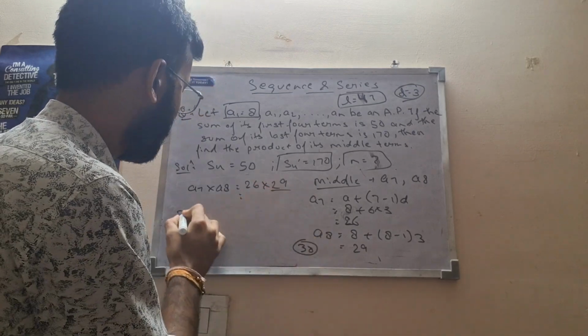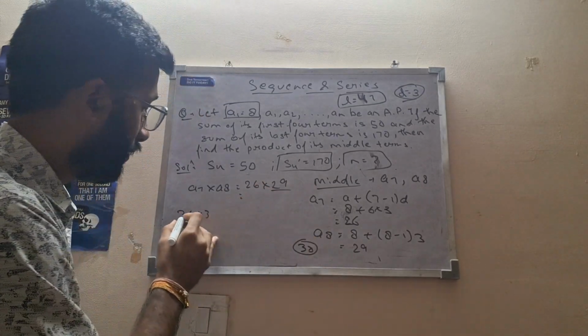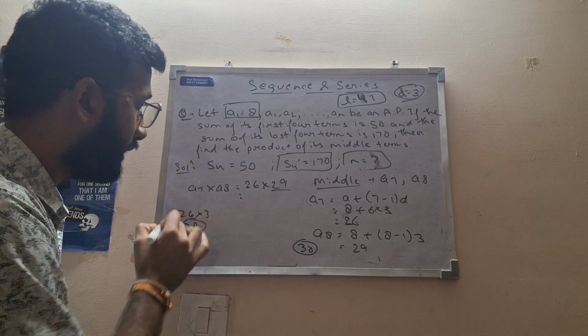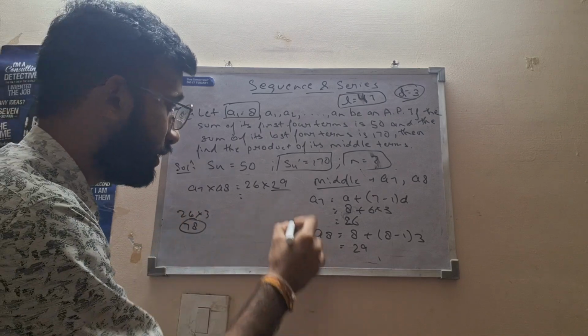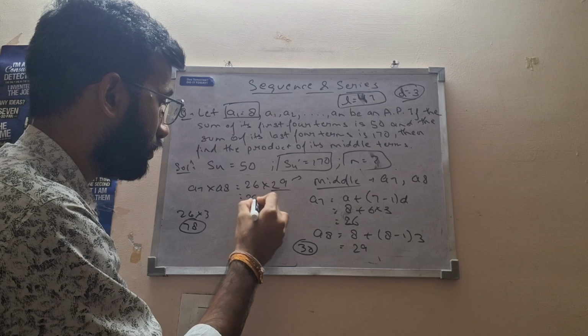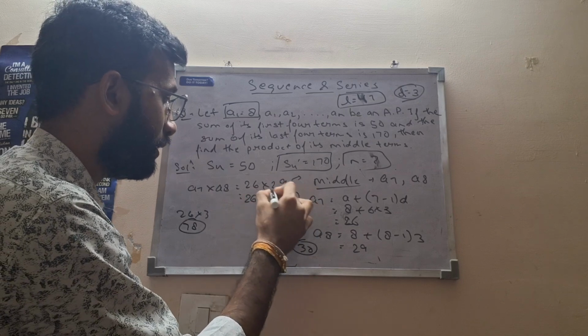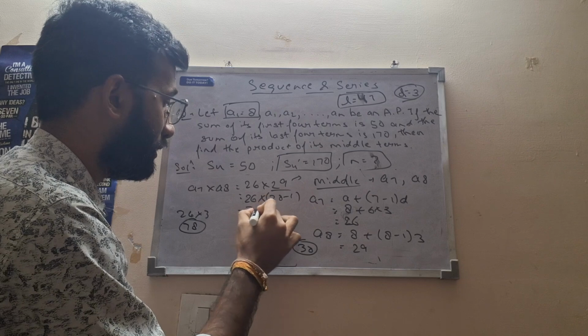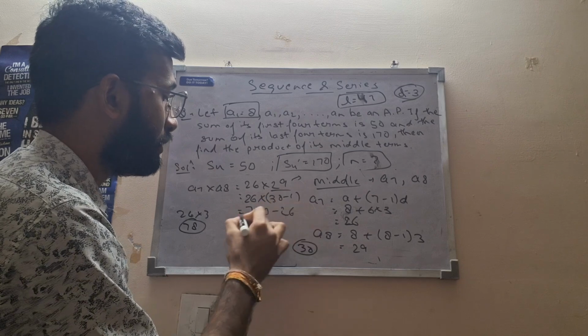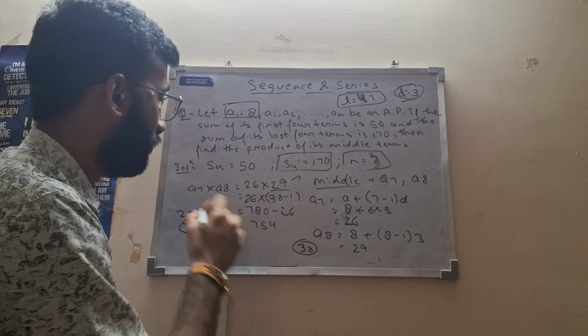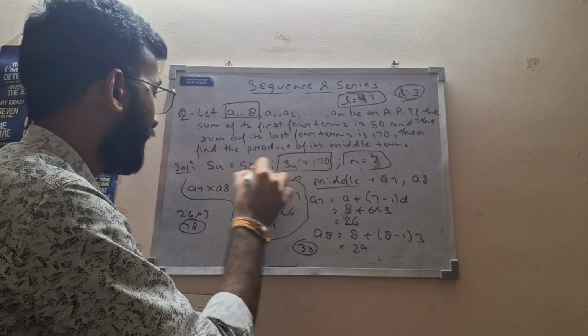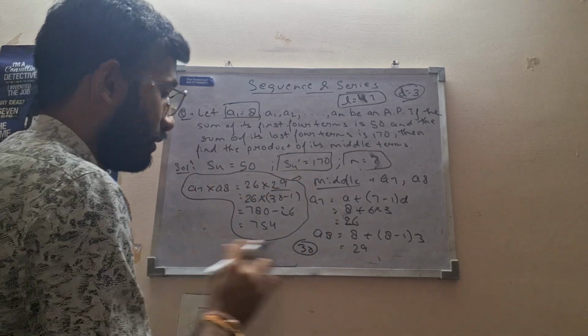We'll multiply 26 by 30, and we get the number 780, and it is 1 more than 29. So we subtract 26 from it, which is 780 - 26, that is 754. So that is our answer. Okay.